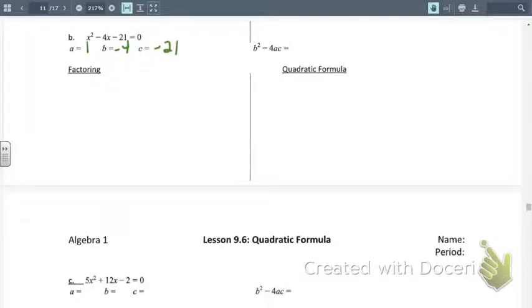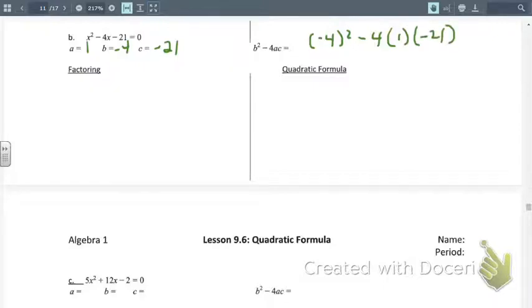So let's plug that into the discriminant. So we have b squared minus 4 times 1 times negative 21.